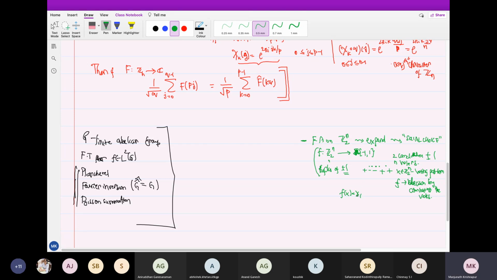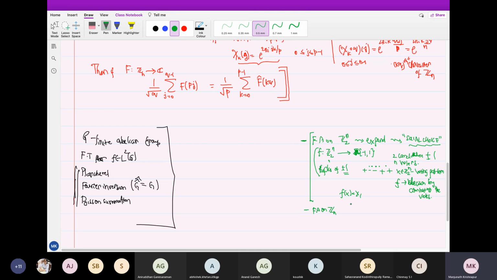That is one voting scheme, and there are many others. This is what social choice refers to. We will see some interesting theorems on this using Fourier analysis. After that I will go to Fourier analysis on Z mod n.